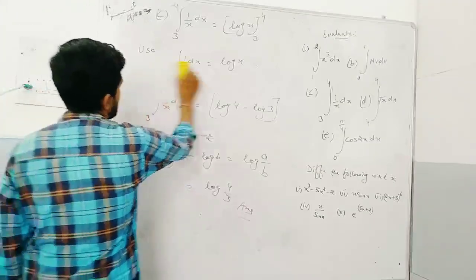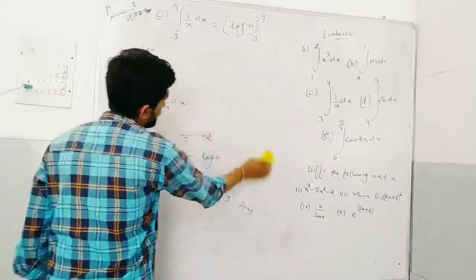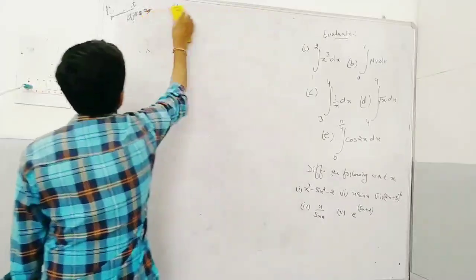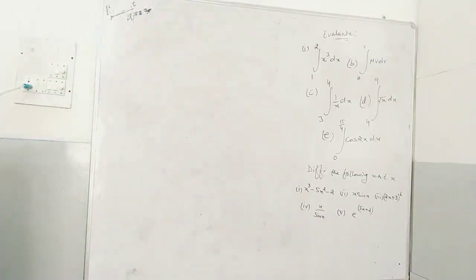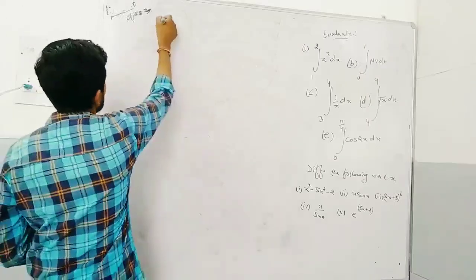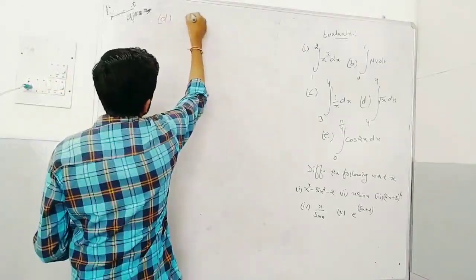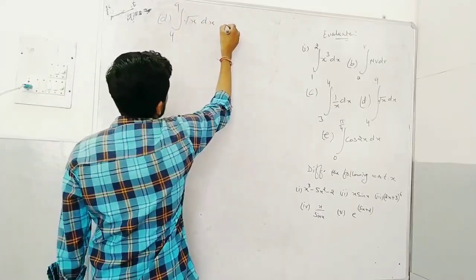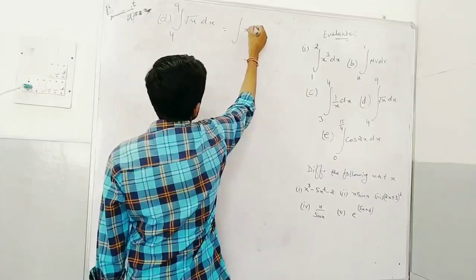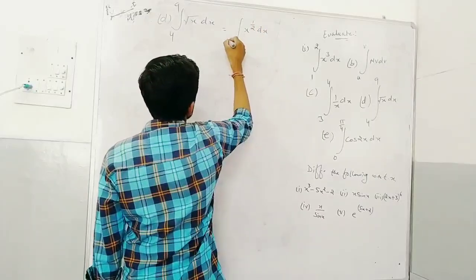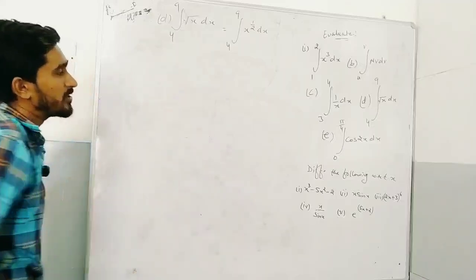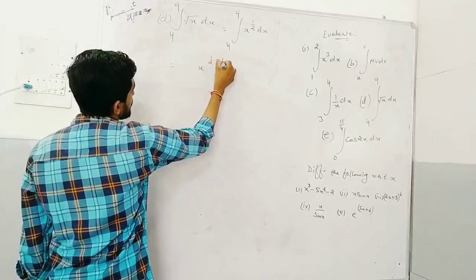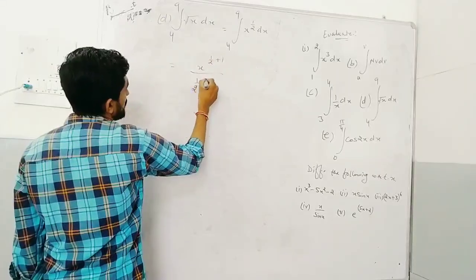For D part, what does D part say? D part is integration of under root x dx from 4 to 9. We can write it as x to the power 1 by 2, limits 4 to 9. Then integrate it: x raised to the power 1 by 2 plus 1, divided by 1 by 2 plus 1.